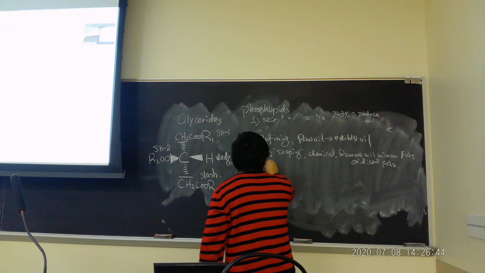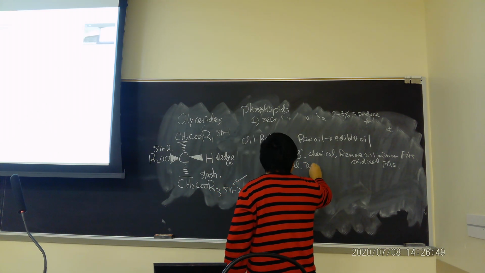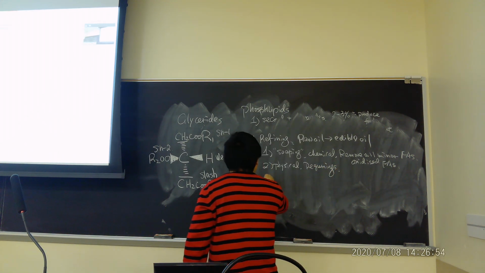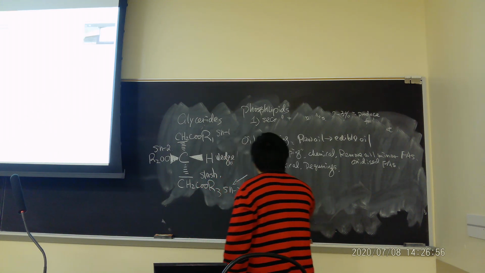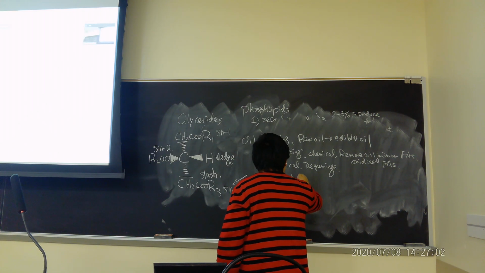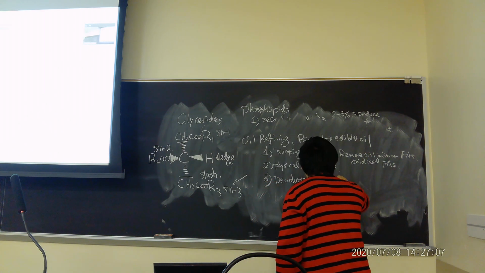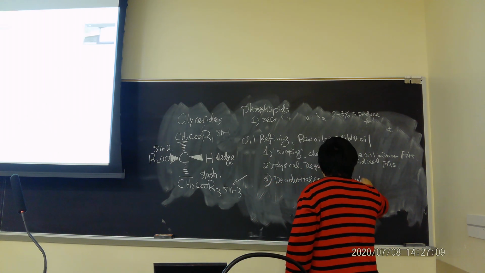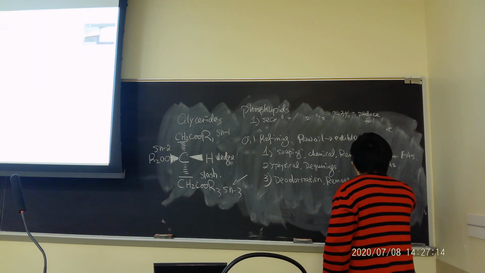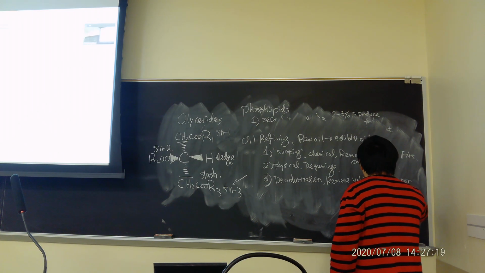Number two is physical: degumming. The gums have to go. Number three is deodorization. You have to remove all the volatiles and also vapor condensers.